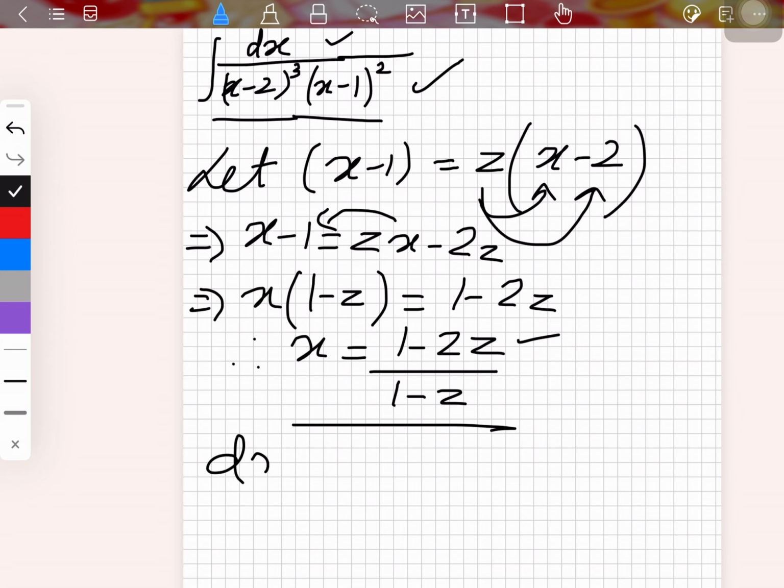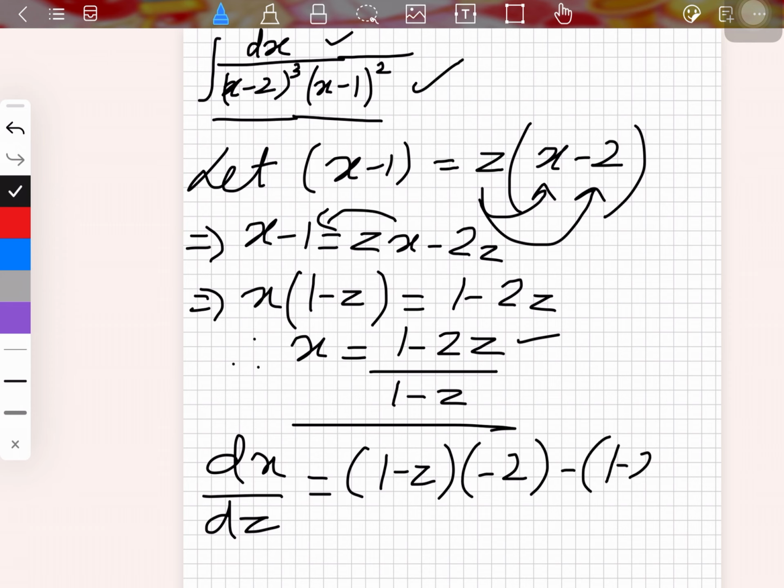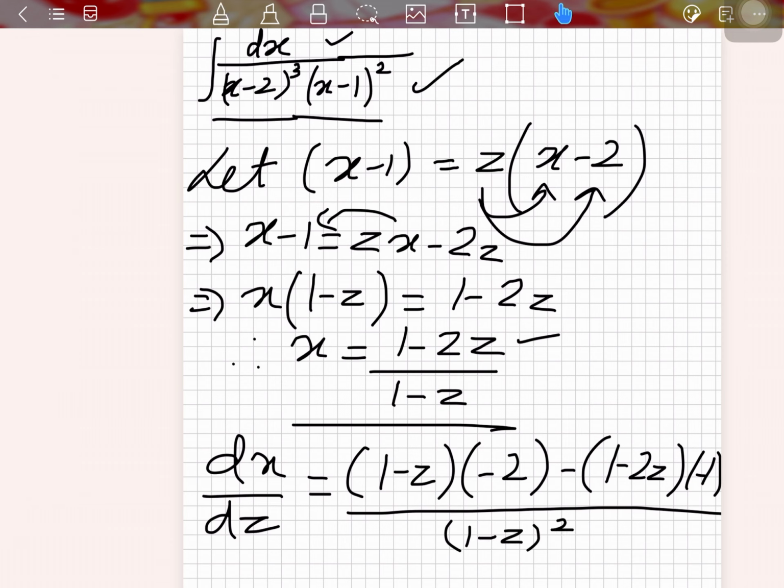So dx/dz is equal to, we are going to use the quotient rule over here. So I don't think that needs to be done, and this is what you will get even if you apply the rule. So this multiplied by, I think, minus 1 over, of course, (1 minus z) whole square.